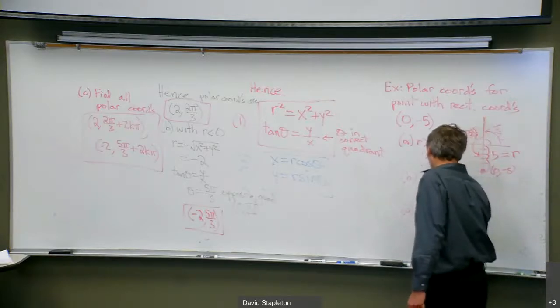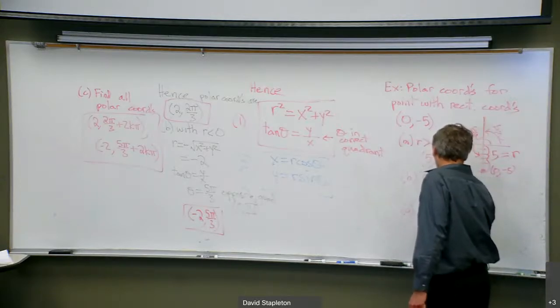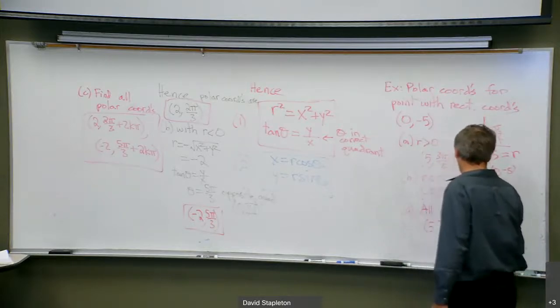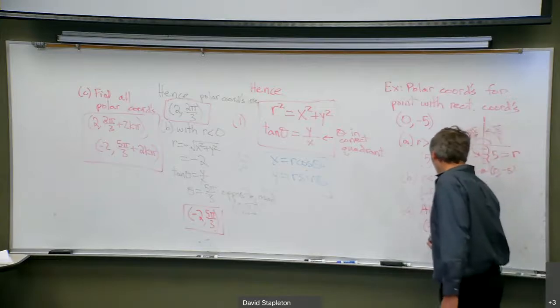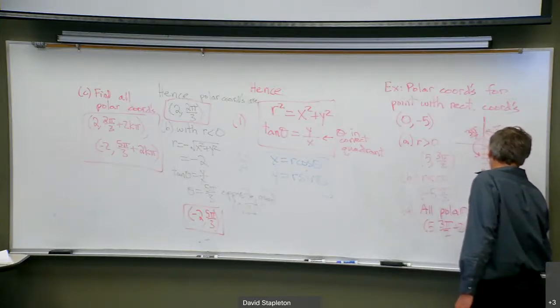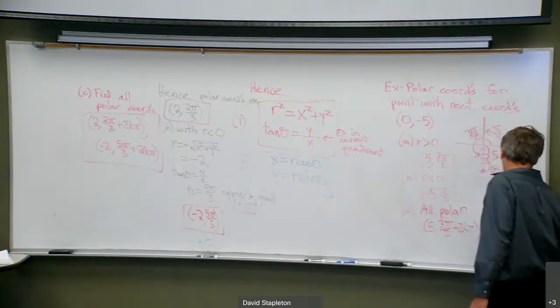All right, so (5, 3 pi over 2 plus 2k pi), where k is any integer, gives all polar coordinates for the point. And then the other one, (-5, pi over 2 plus 2k pi), gives all polar coordinates with r negative.